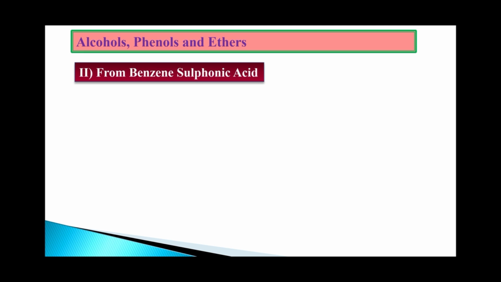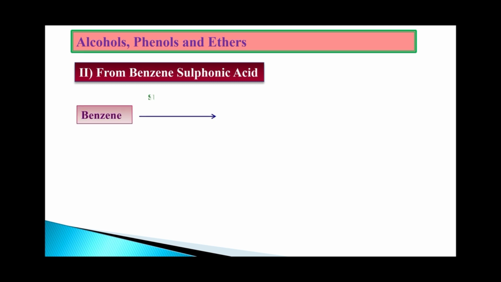Second preparatory method, starting from benzene. In the hydrocarbon topics last year you studied that when benzene is sulfonated, we get benzene sulfonic acid. That benzene sulfonic acid is one of the starting materials for the preparation of phenols. So start with benzene.